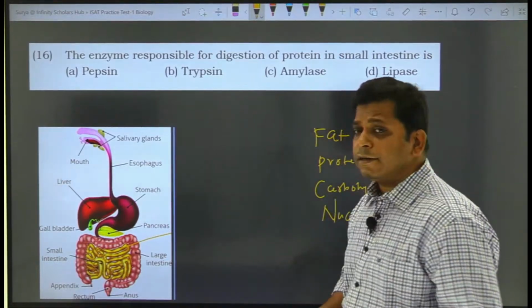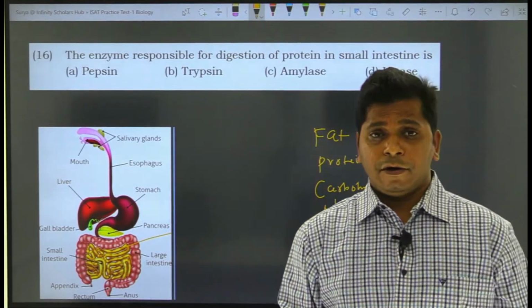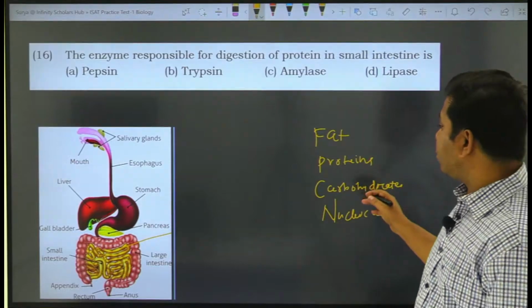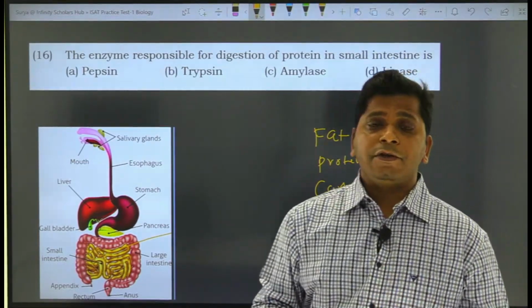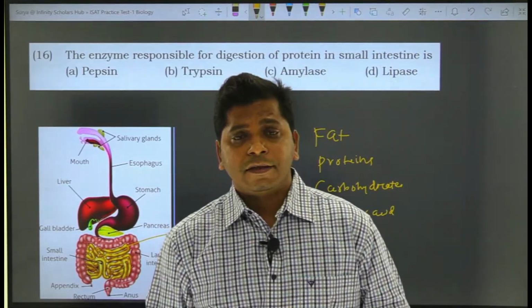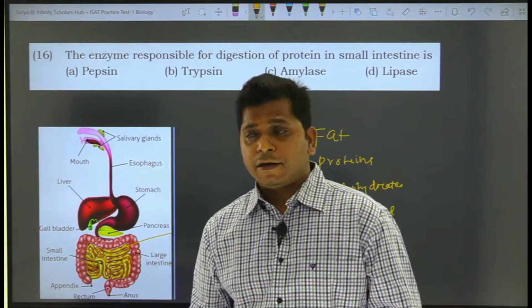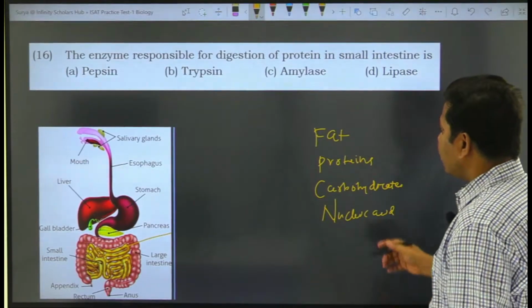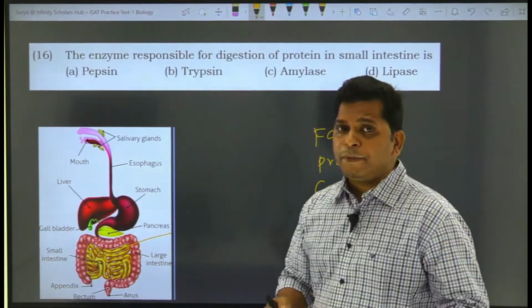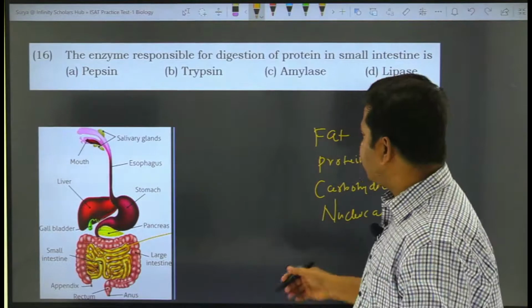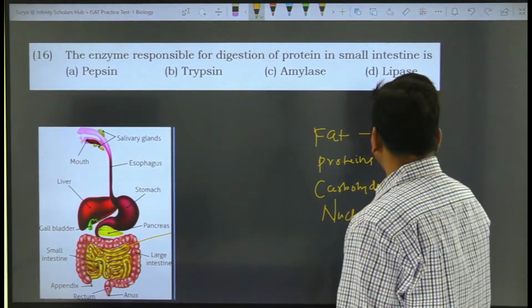So, it contains diverse kinds of biomolecules, and these need to be broken down into simpler molecules which the body can absorb to carry out biochemical reactions. Fat is a complex biomolecule which is broken down by an enzyme called lipase.